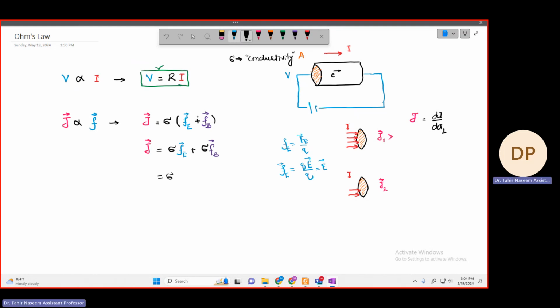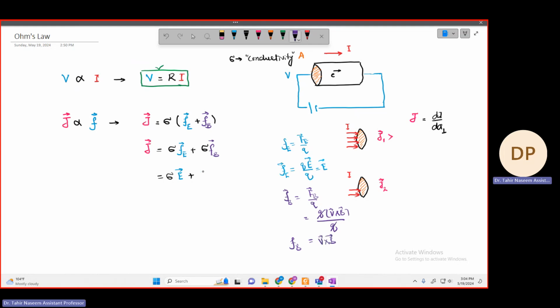So sigma, and in place of Fe, I will write E. And what will be the magnetic term? In case of magnetic force, I can write Fb divided by Q. And what is Fb? That is Q V cross B, the magnetic force experienced by a single charge, divided by Q. Q cancels with Q, and the magnetic term will be V cross B.